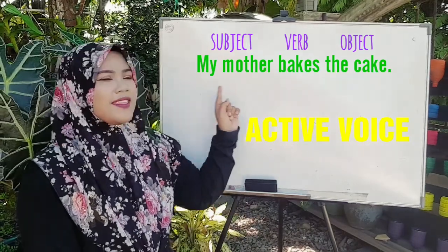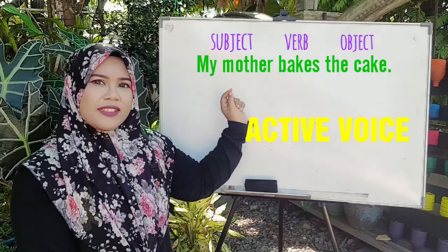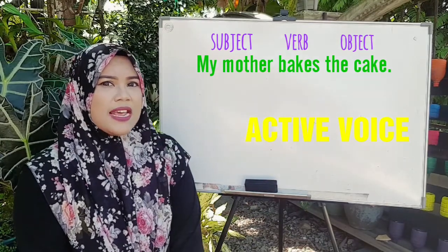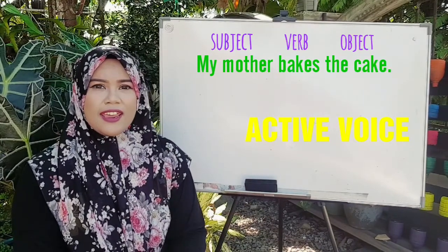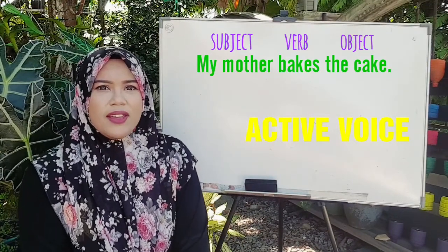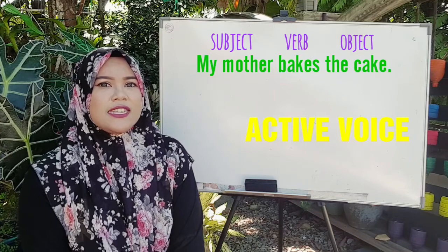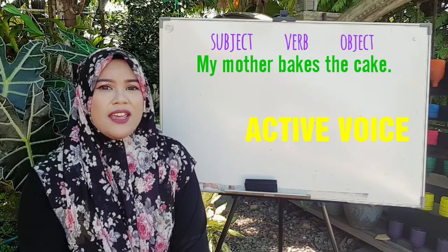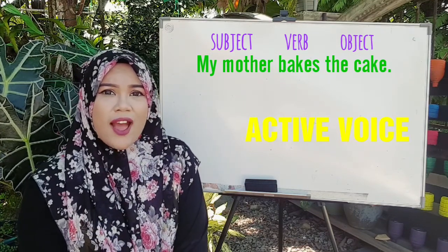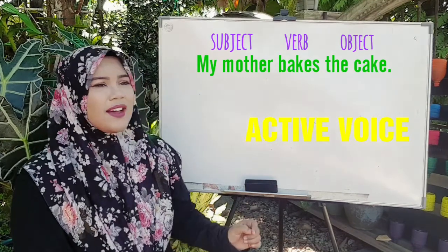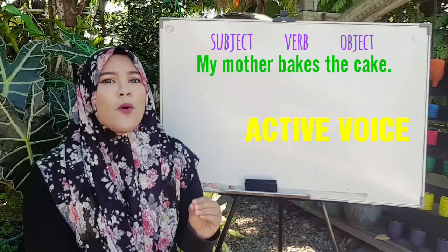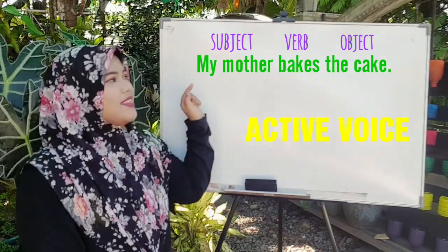Okay, if you look at this sentence, ada tak teacher letak verb to be selepas ataupun sebelum verb? Contohnya, ayat yang awak suka tulis, my mother is bakes the cake. Okay, yang tu yang teacher selalu marah. Okay, yang tu yang your teacher always scold you. Okay, because you're not supposed to put any verb to be in this sentence.